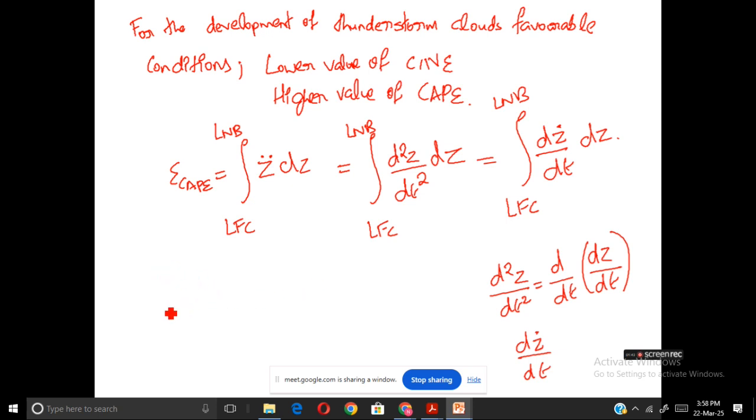This can further be written as E CAPE equal to the integral from LFC to LNB of z dot into dz dot.